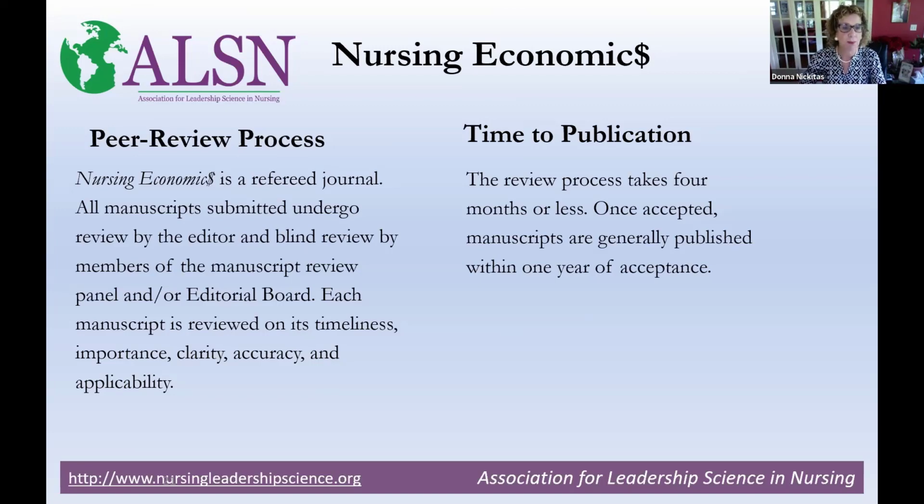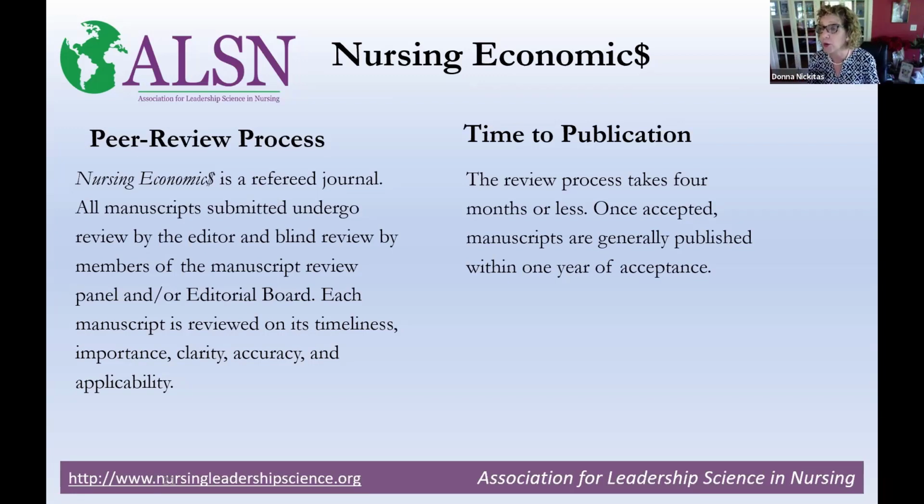We try to promise timeliness, and I can say timeliness is, from the time that we receive the manuscript, probably somewhere between 3 to 6 months for review, and then it returns to the author for changes, whether it needs clarity, accuracy, or applicability to us. So the review process takes 4 months for sure.